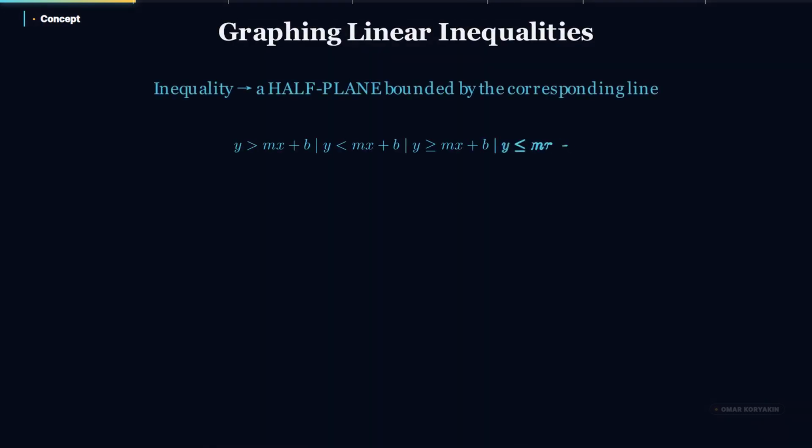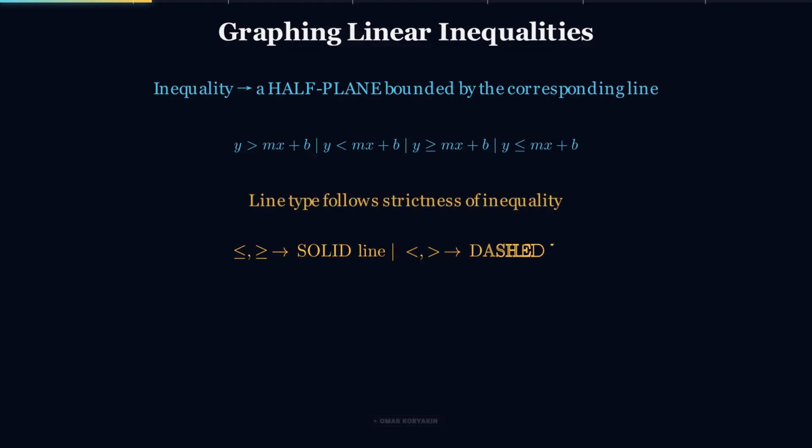The graph of a linear inequality in two variables is a half-plane, an entire region of the coordinate plane, on one side of the boundary line. The boundary line is the graph of the corresponding equality, and the inequality picks out one of the two half-planes as the solution region. Every point in the solution half-plane satisfies the inequality. Here is the line style rule.